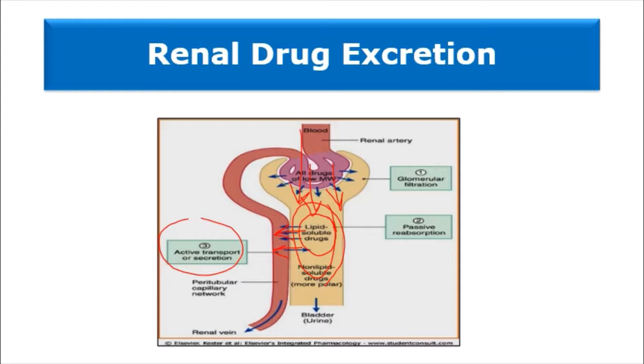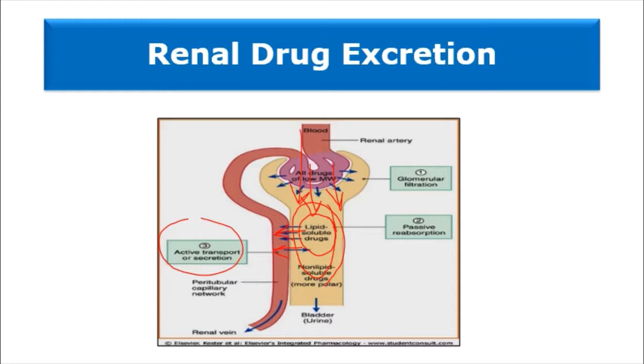So this process is carrier mediated, and it needs energy in the form of ATP for the transport of a drug from the blood to the renal tubules, even if the concentration of the drug in the renal tubules is very high and would not support movement along the concentration gradient.